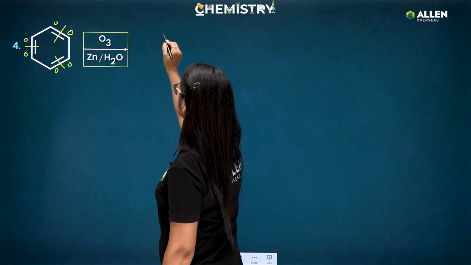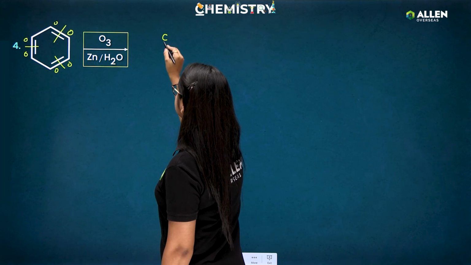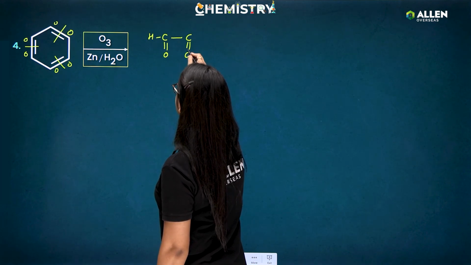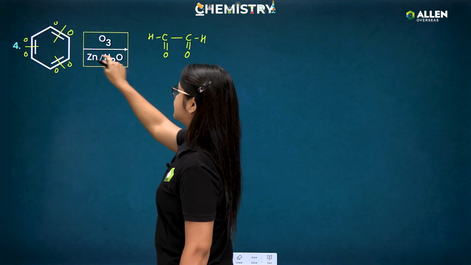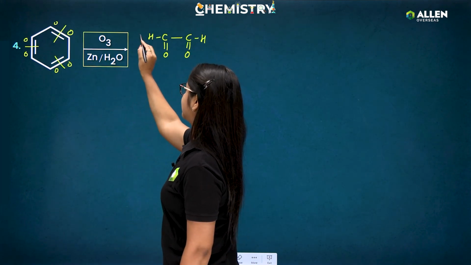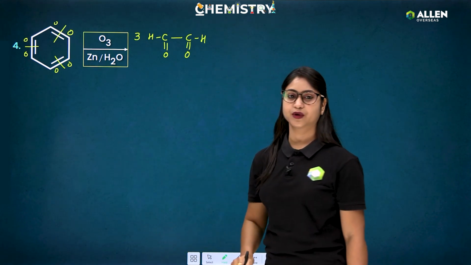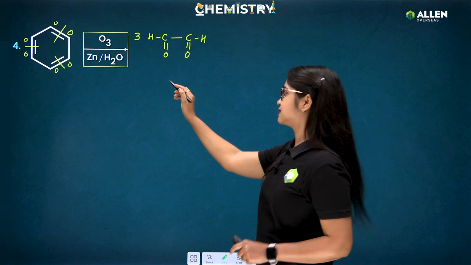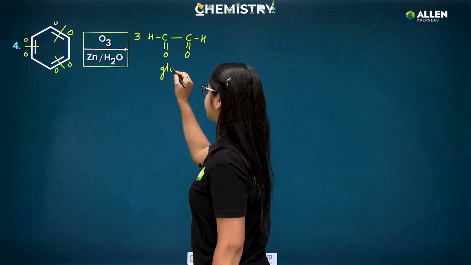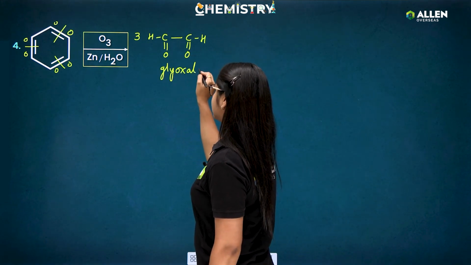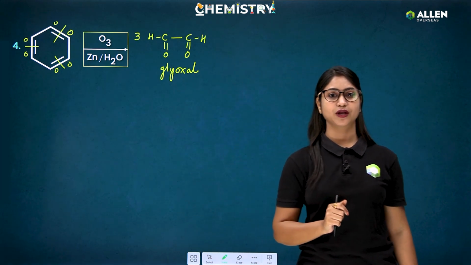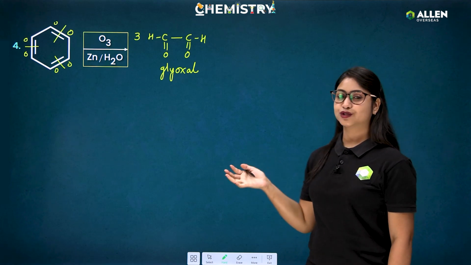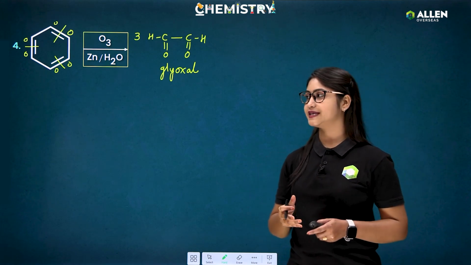Basically we get this compound, C double bond O, H, C double bond O, H, and we get 3 similar parts. Benzene is broken into these 3 parts, and this is called glyoxal. So we get 3 glyoxal molecules after reductive ozonolysis of benzene, right? This is how ozonolysis reactions take place.